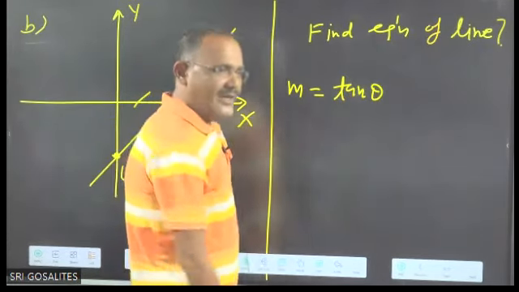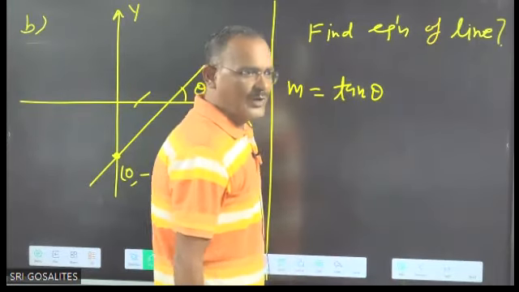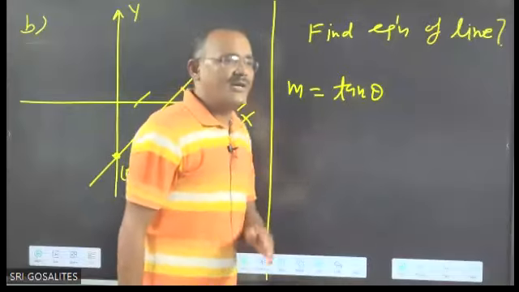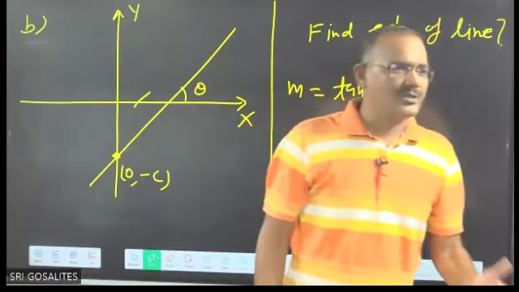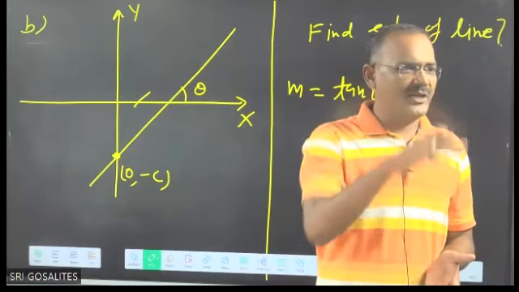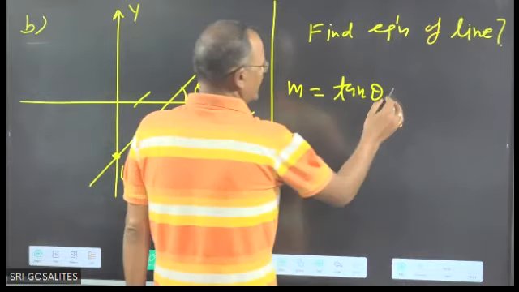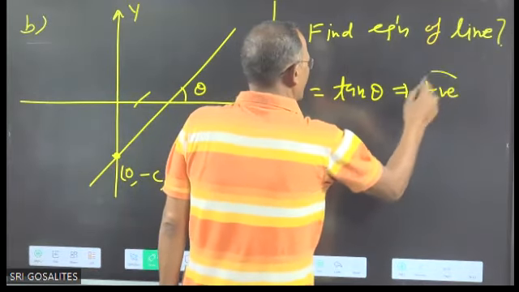Theta is less than 90, then tan values will always be positive. Means slope is positive. 0 to 90 you might have learned in trigonometry. All the trigonometric ratios are having positive value in the first quadrant. Okay, fine. So this will be positive slope.